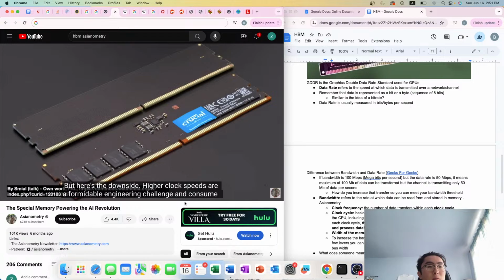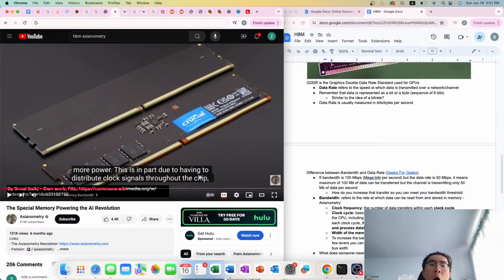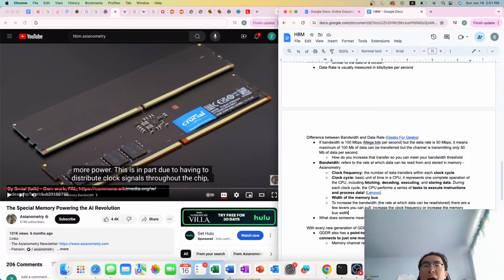But here's the downside. Higher clock speeds are a formidable engineering challenge and consume more power.